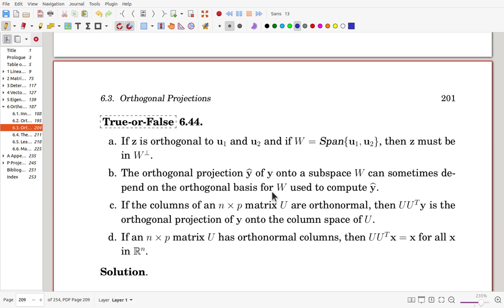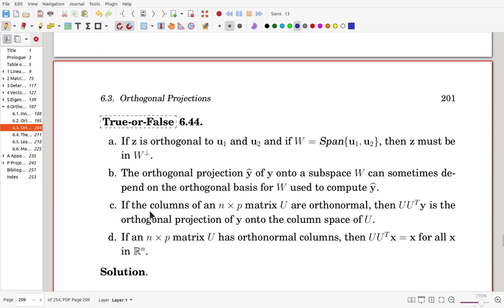Is it true? No. It's always the same. The projection is unique, so as long as the space is not changed, no matter how you choose the orthogonal basis, the projection must be the same. So the statement is wrong.